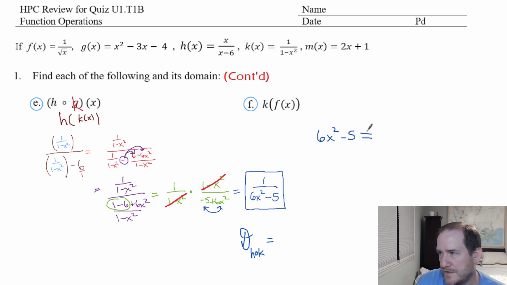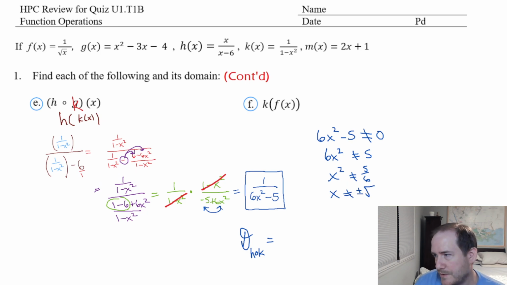Well, I can't let it be 0, and then you just solve this equation. So 6x squared shouldn't equal 5. So x squared shouldn't equal 5/6. So x shouldn't equal plus or minus the square root of 5/6.